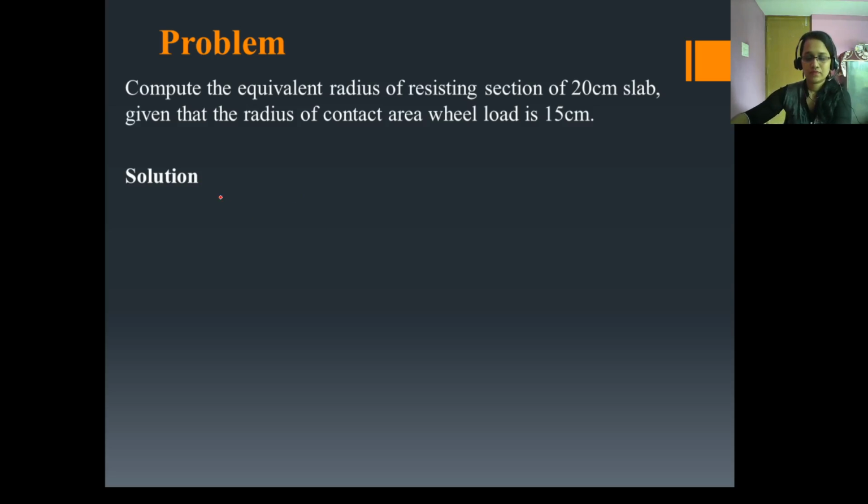So h, the slab thickness, is 20 centimeters. The radius of the contact area of the wheel load is 15 centimeters, so a is 15. So a upon h is 15 upon 20, which is 0.75.